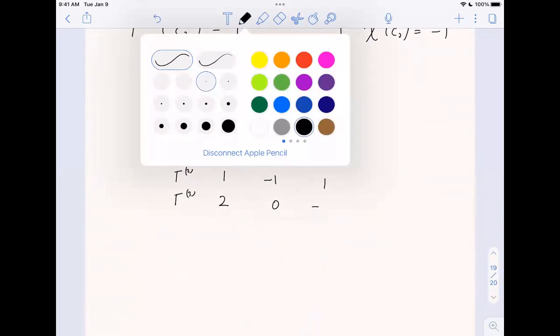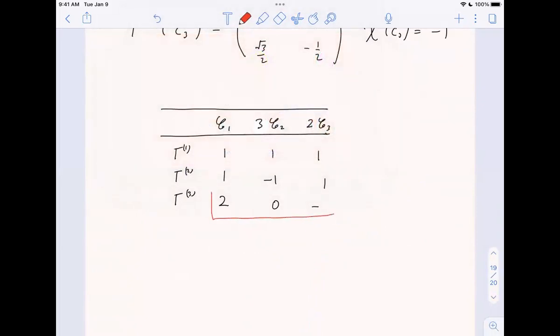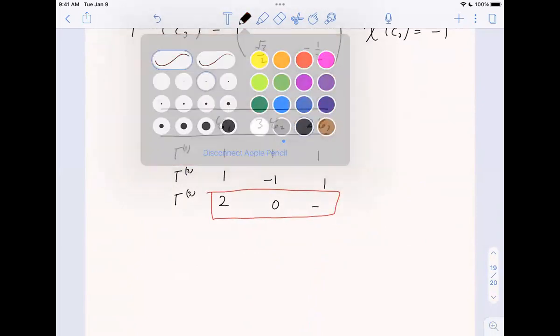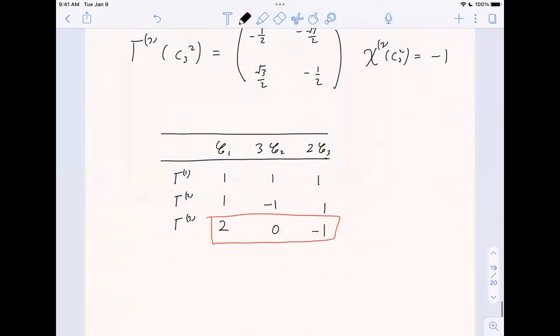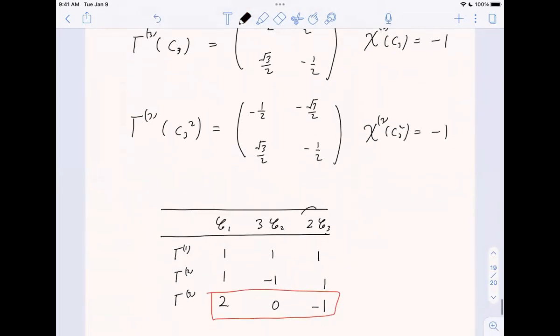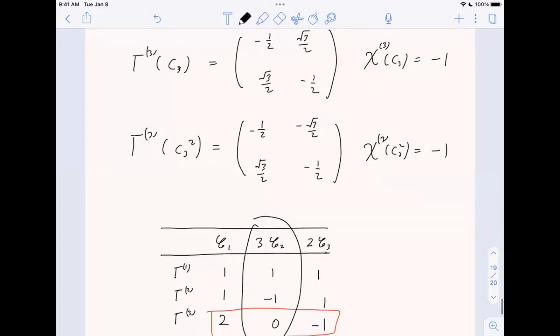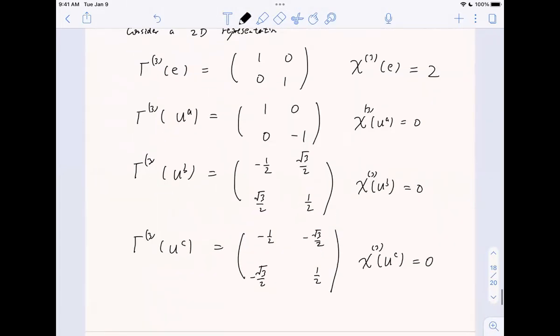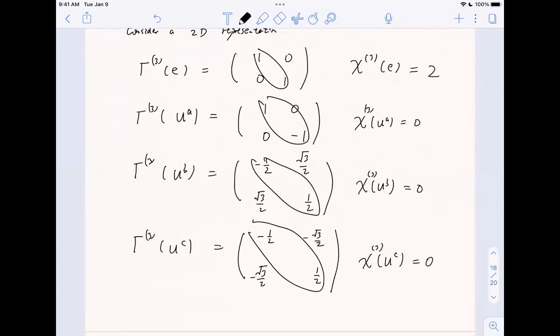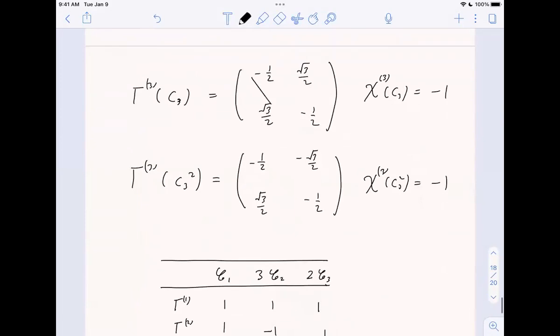So you can already see that we are getting this. Because this class is this -1, this 2. We get -1. The middle one here, this 3 rotation, we're getting 3, 0. And then here we're getting 2. They're all the trace. You can easily check they're all the trace.